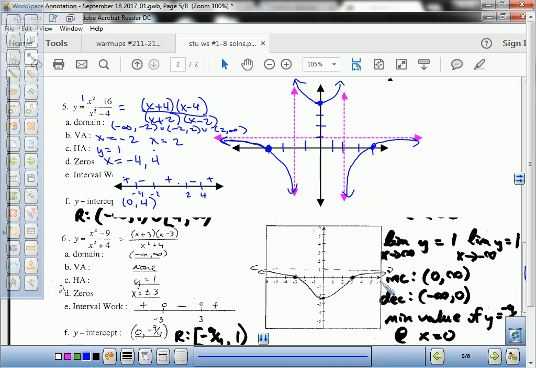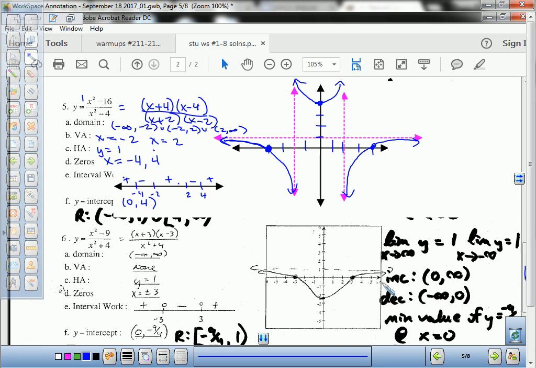Yes, ma'am. Will the parabola ever pass the asymptotes? The ends can't, but the middle can. That's why I said you would have to test some values.